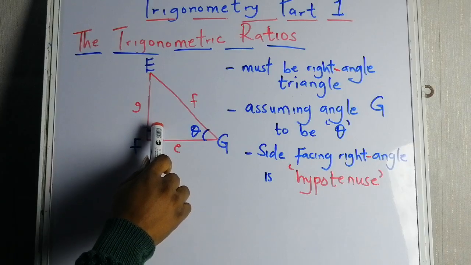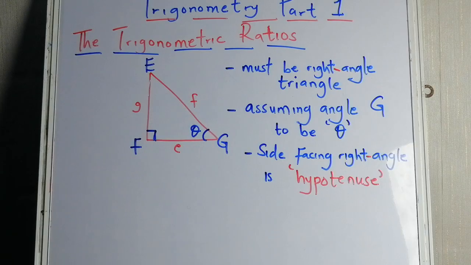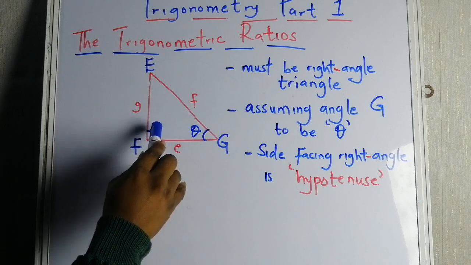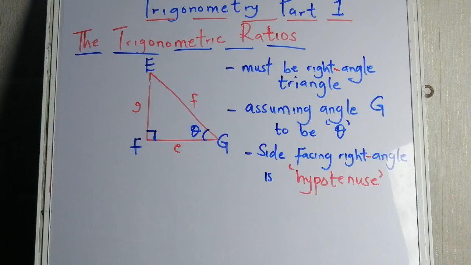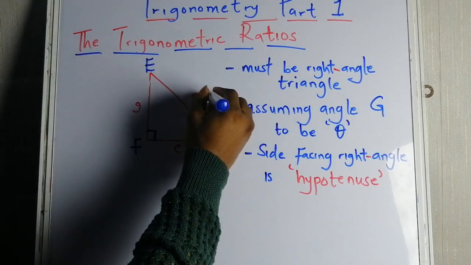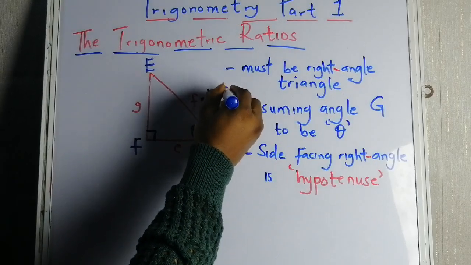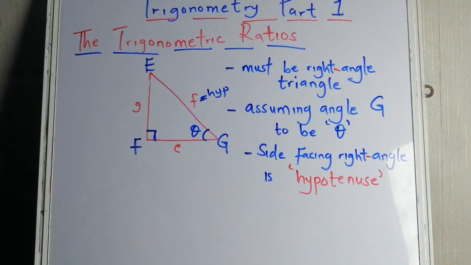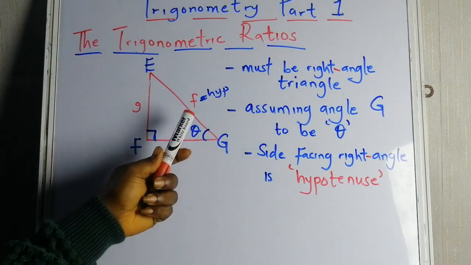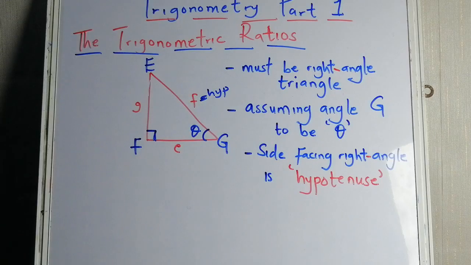Where this right angle is facing is what we call the hypotenuse. The side the right angle is facing is the longest line. That is what we call the hypotenuse, and it's represented by small f. Very simple, it's not hard at all.